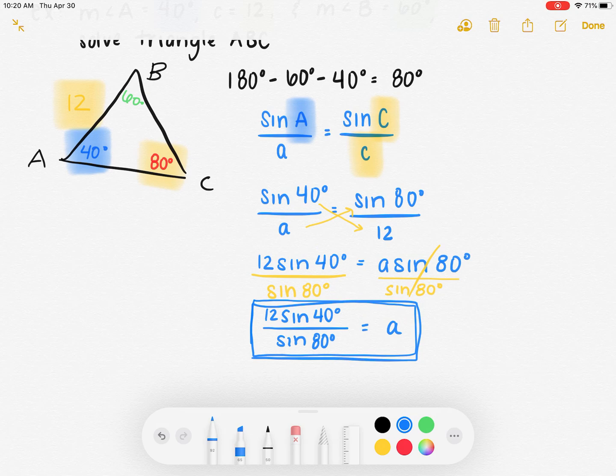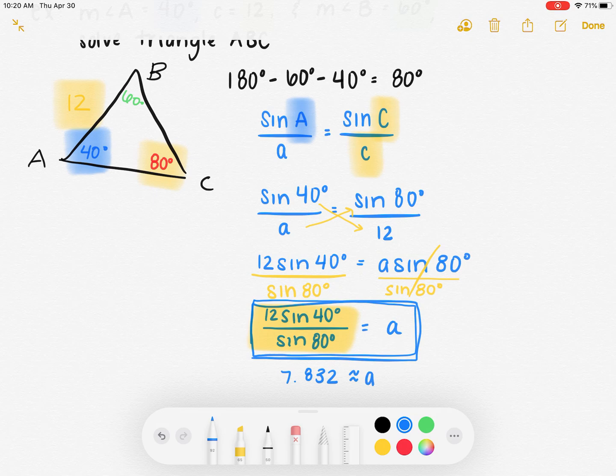I want to keep the sine of 40 degrees and the sine of 80 degrees, and at the very end, take this entire expression and plug it into the calculator to get one value for A. When I do that, I get that A is 7.832 approximately, because I'm going to have to round it.